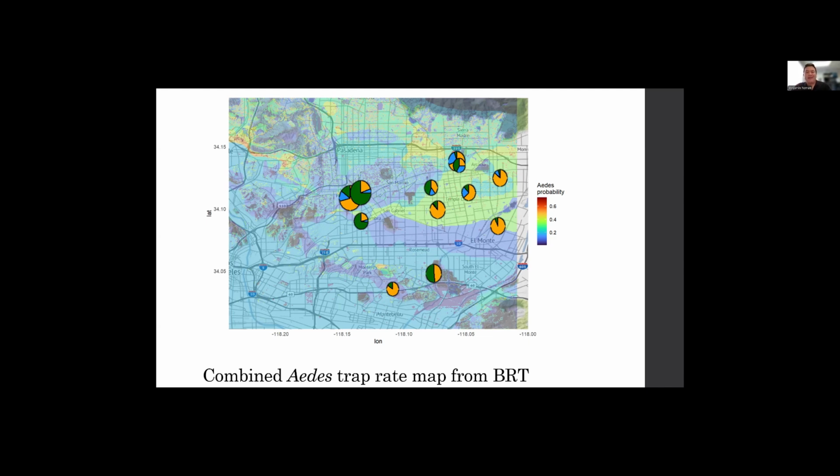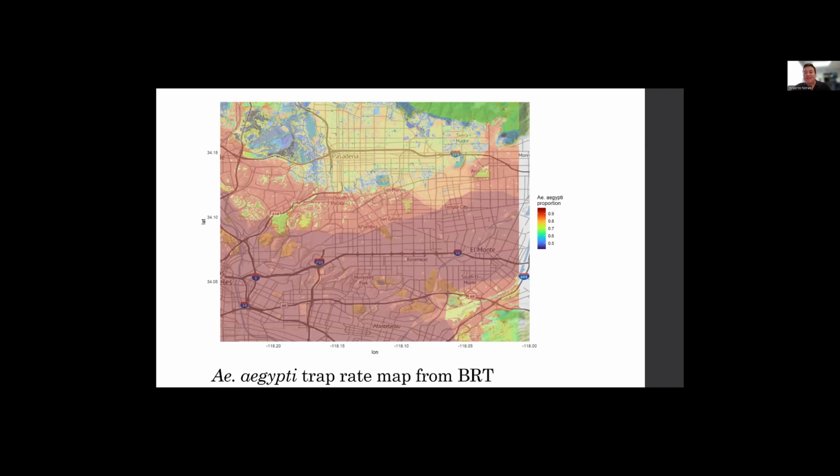If we look at our species model, so this is Aedes aegypti versus Aedes albopictus, with redder being Aedes aegypti prediction, and bluer, if you look at the legend on the right, it only goes down to 0.5, so that means 50-50 split.